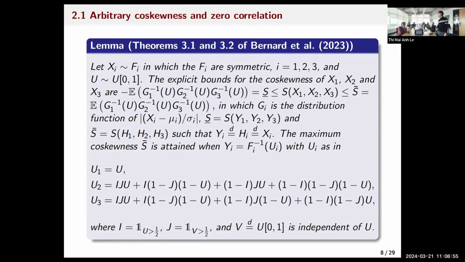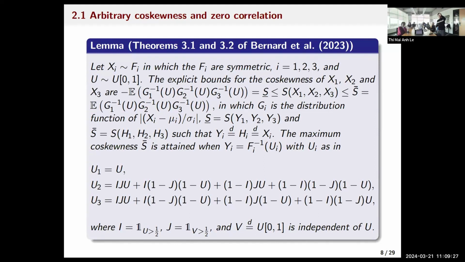Then the lower bound of the coskewness of x1, x2, and x3 is minus the expectation of the product of these three terms. And the upper bound of the coskewness is equal to the expectation of the product of this term, in which Gi, that is G1, G2, G3, is the distribution function of the absolute values of normalized Xi.